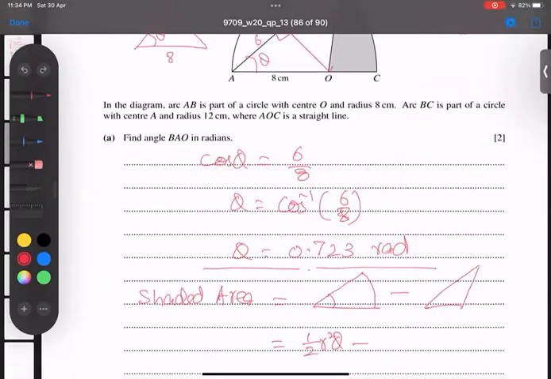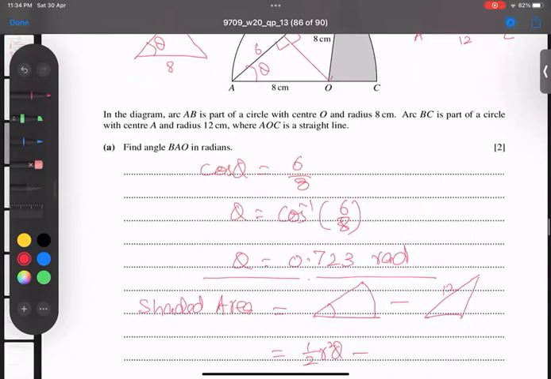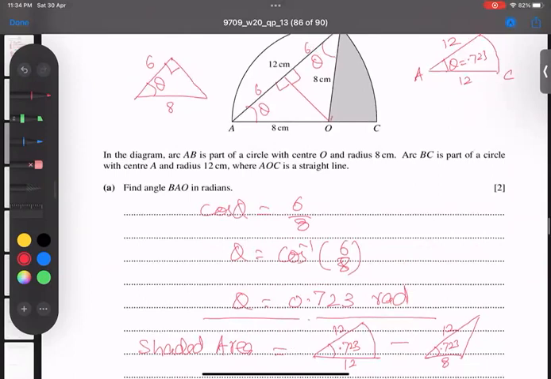So we got 12, 12, this is a 12, this is a 12, and here 0.723, and this is 8, and this angle is also 0.723. So see, I make this triangle, this 8 I wrote here, this 12 I wrote here. I hope this part is very clear.